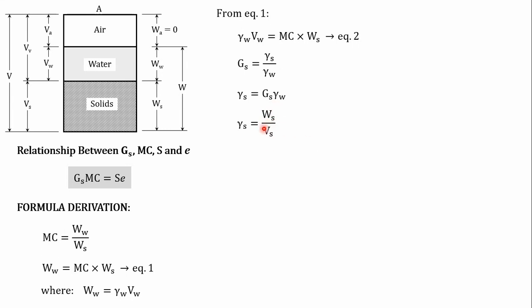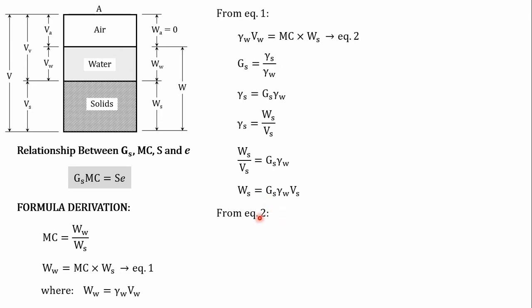Isi-simplify natin siya, substitute natin dito. And then, we come up to the formula of weight sa solids divided by volume of solids is equal to Gs times unit weight sa water. Nagets pa? So, we have weight sa solids is equal to Gs times unit weight sa water times volume of solids.